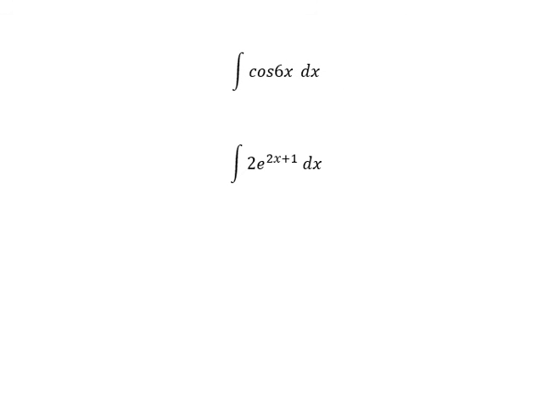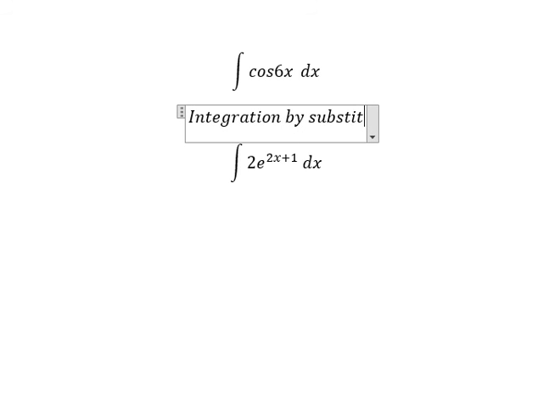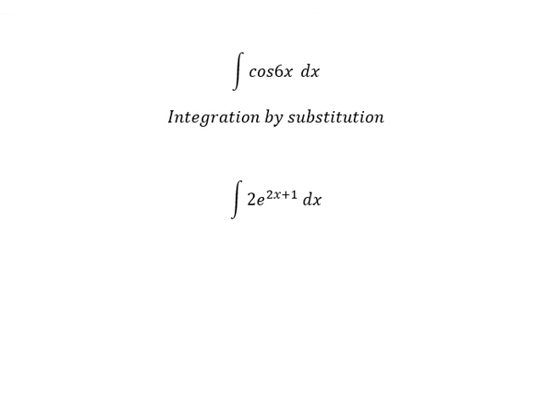This one, we need to use integration by substitution. So I will put u equal to 6x. So if I do first derivative for both sides, we have du equal to number 6 dx. Later we divide both sides by number 6.